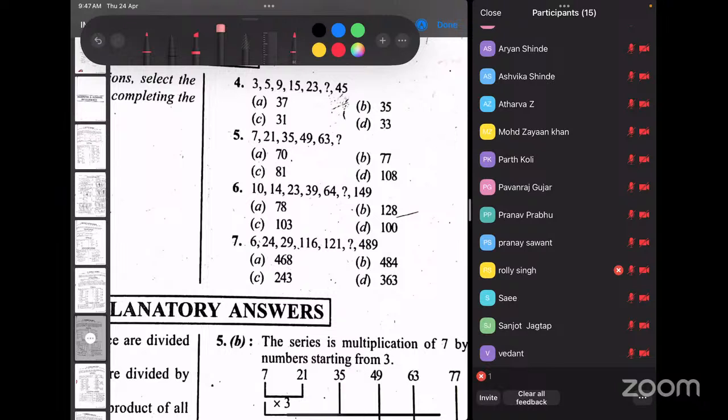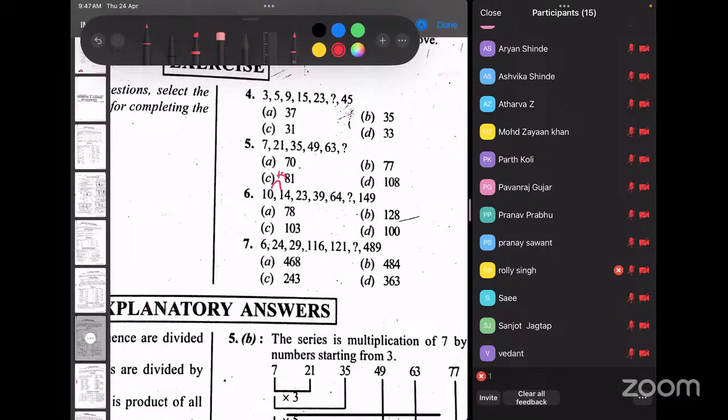6. 10, 14, 23, 39, 64 and 149. This is 4. This is how much? 9. And this 16.